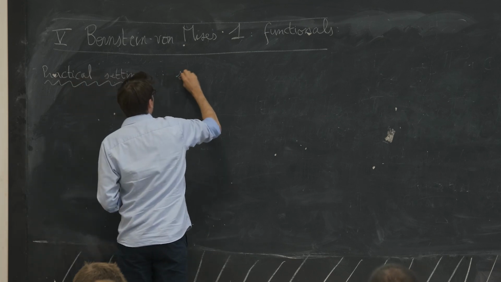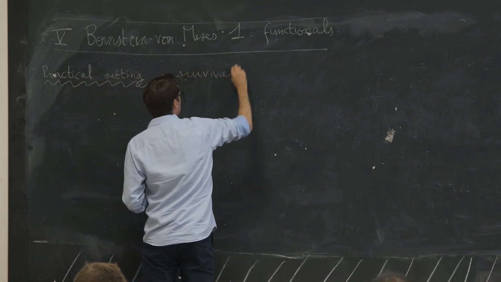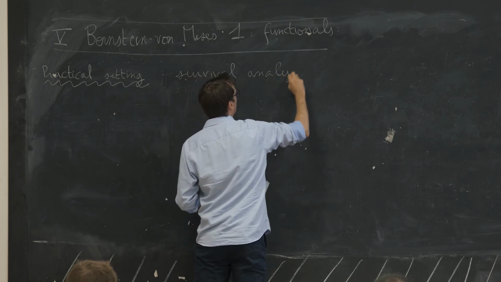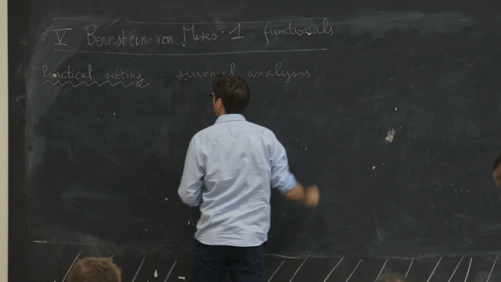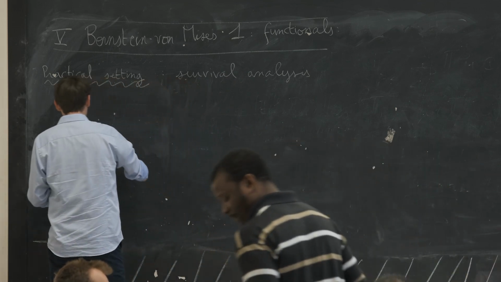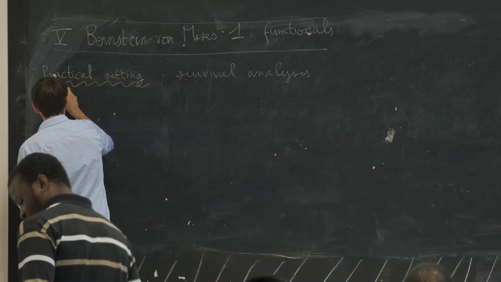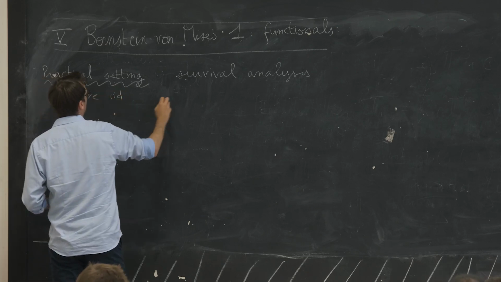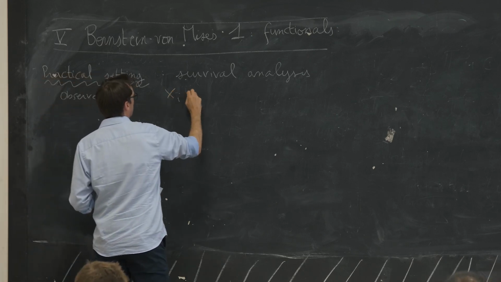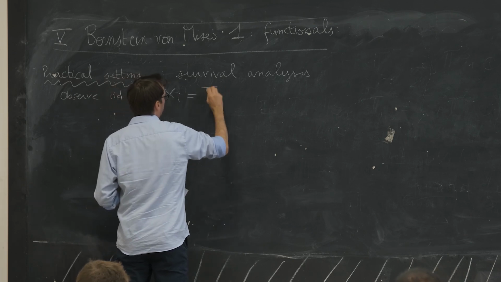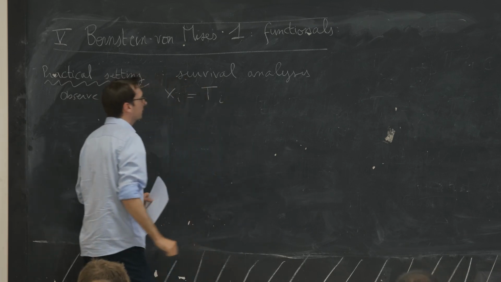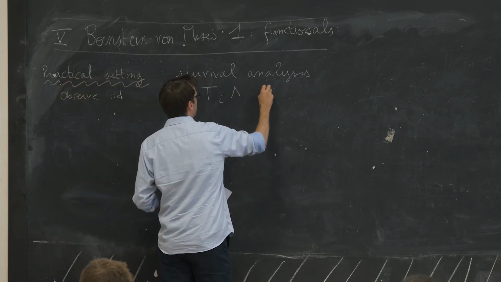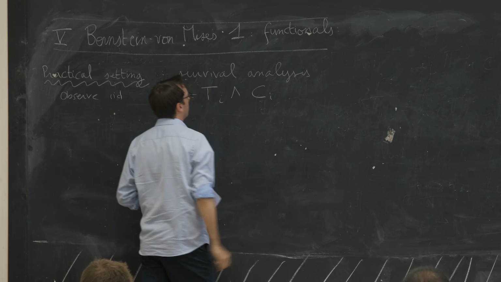In survival analysis, if you are a statistician working with medical data, it's often that you have observations, IID, X1, ..., Xn, where you have some time, a certain event of interest, T, and it's possibly censored by some other variable.